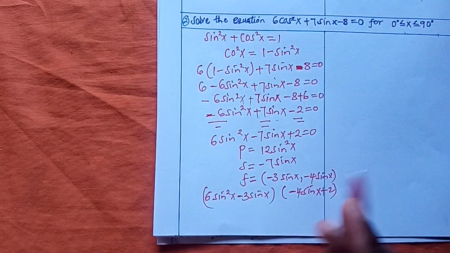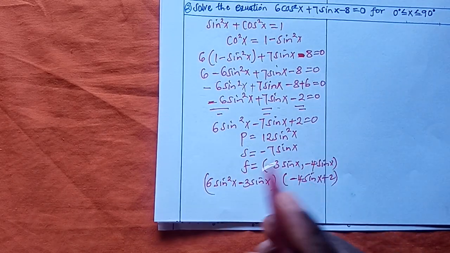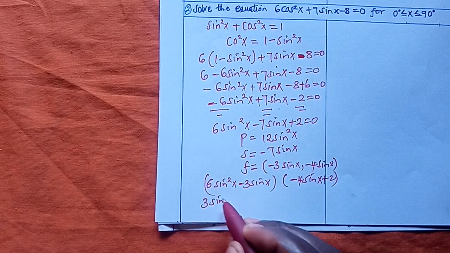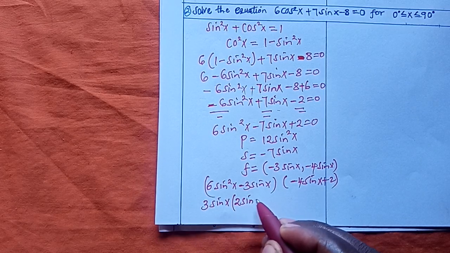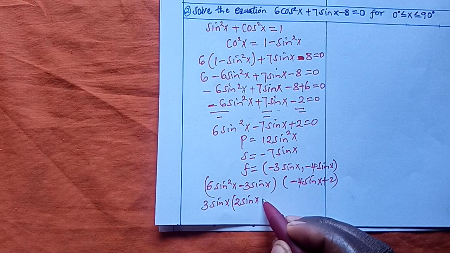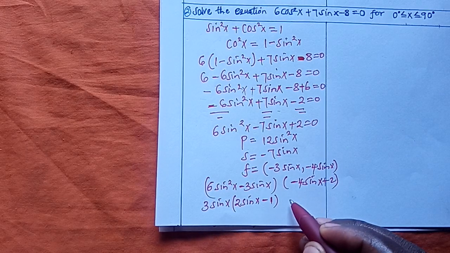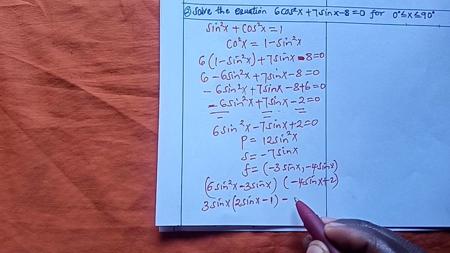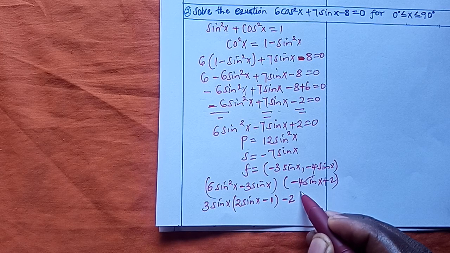Now let us look for a common factor in the first bracket. The common factor is 3 sine x, so we are going to say that if you have 3 sine x outside the bracket, you multiply by 2 sine x, it will give you 6 sine squared x, then you take away 1. Then of course on this other side you will have to take negative 2 outside the bracket.